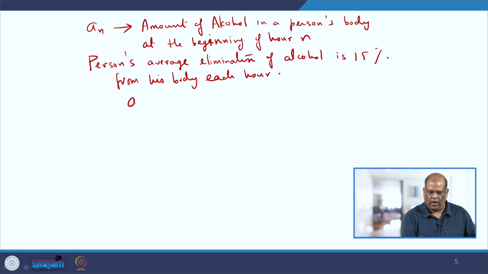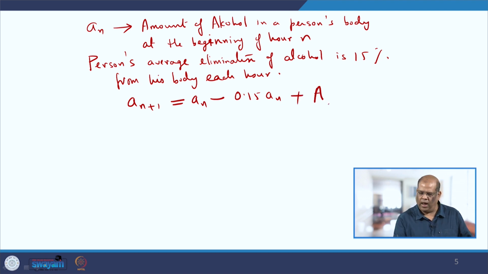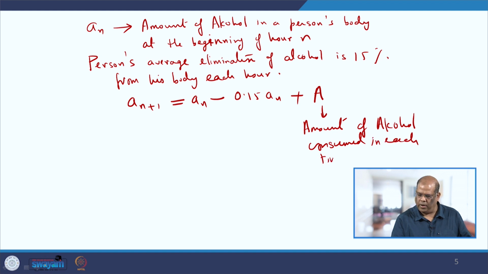So, if A_{n+1} is the amount of alcohol in the (n+1)th hour, that is A_n, in 1 hour 15% is eliminated, plus some A, the amount of alcohol consumed in each time period.